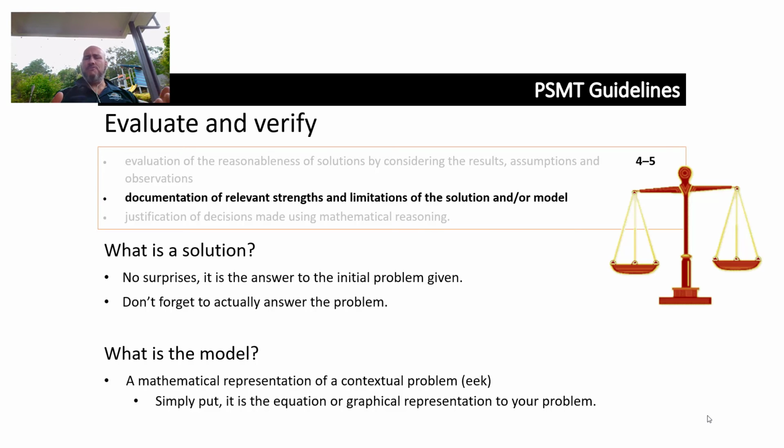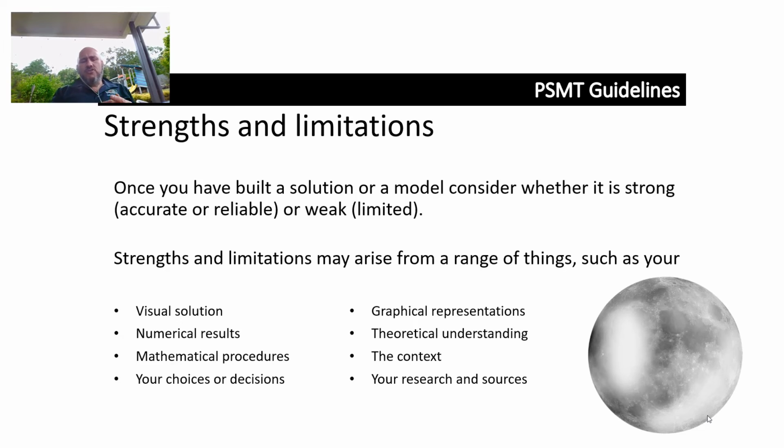In math methods, it's probably more going to be about collecting data and building a function that fits that data well. So maybe a quadratic for projectile motion. That's a mathematical model. And your solution is the actual answer that you get back. Now, your solution and the comfort level of the solution is something you'll discuss. Strengths and limitations.